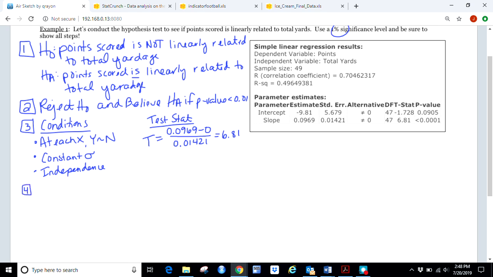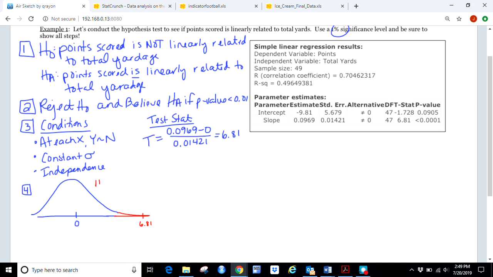Alright, so for step 4, I always draw my picture. Looking at our t here, our value of t is 6.81. So in theory, that's really far out here.